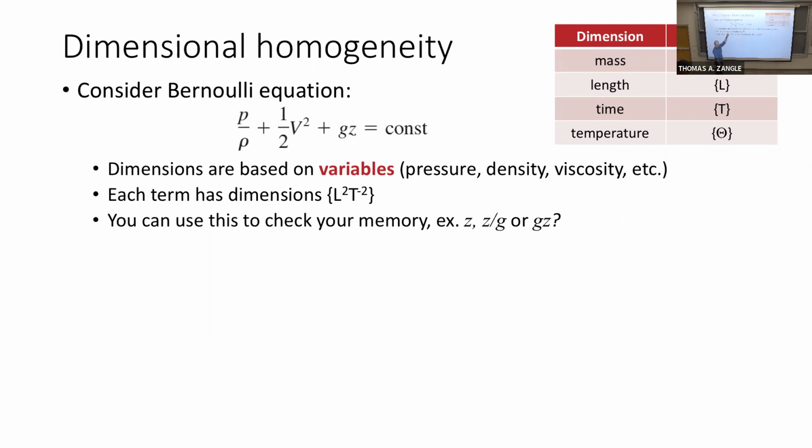You can actually check yourself by doing a quick dimensional check of that last term. Since you know the dimensions of the other terms, you should check that you actually get length squared over time squared. In this case, we have length over time squared times length, so we end up with length squared over time squared, and we know we didn't mess that one up.